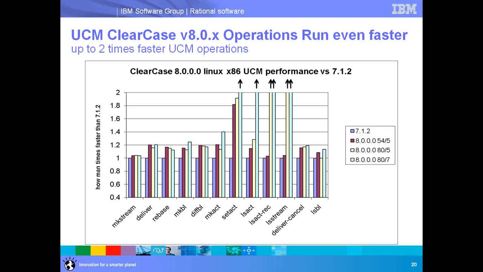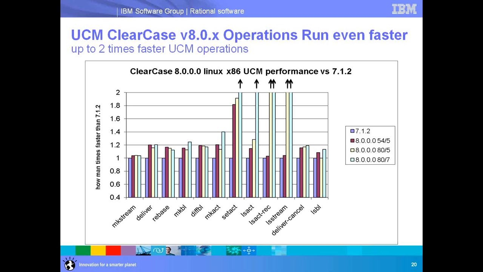So it's clearly seen in 7.1.2 there was the same range or the same performance level for all the commands. But in 8.0 onwards, there has been a major improvement in most of the UCM-based operations, and in some operations we have been able to get a performance which is double the one that is present in 7.1.2 series of ClearCase.